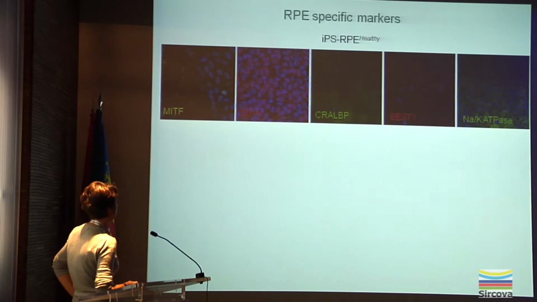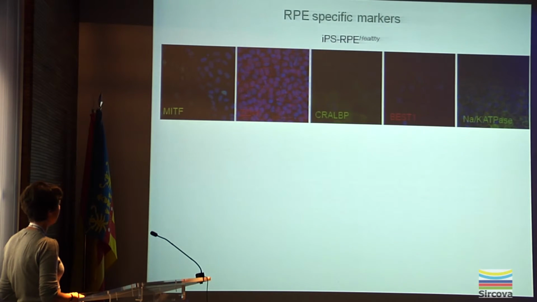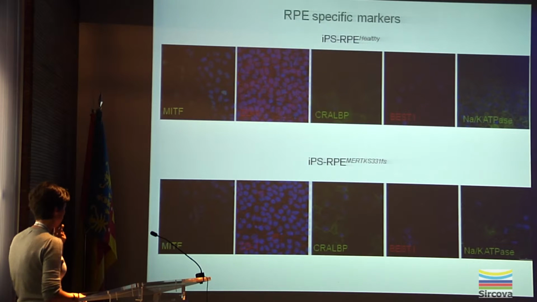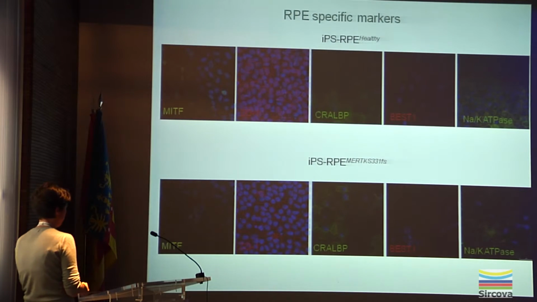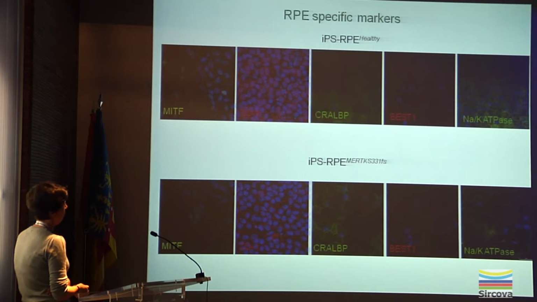These are all known to be specific RPE markers. When we did the same assay with the affected individual, we didn't observe any differences. We also observed the expression of these RPE-specific markers.